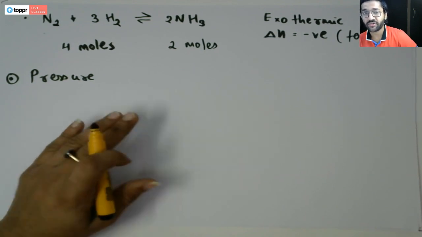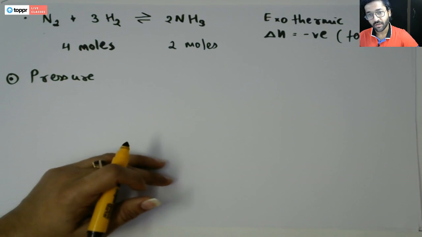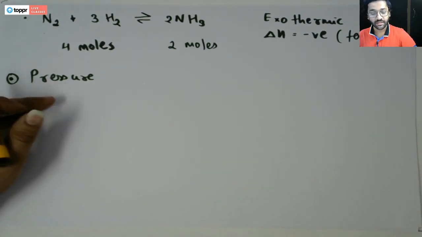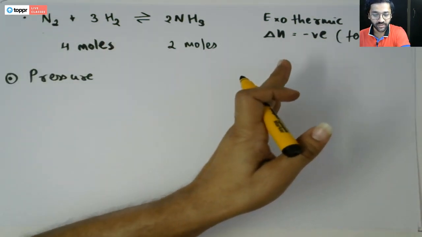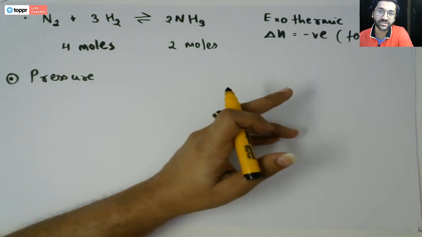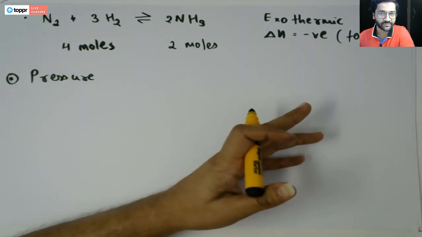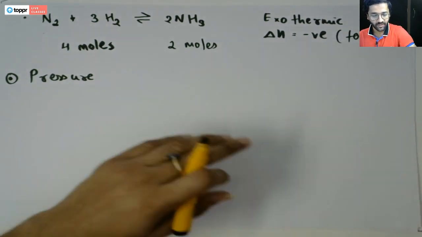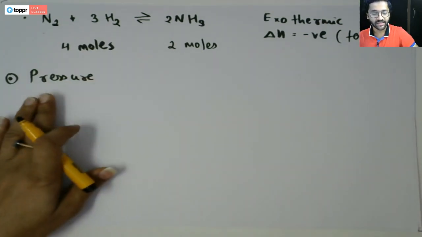It will resist the change. It will try to decrease the pressure. So to decrease the pressure, it will take the reaction towards the side where the number of moles is less. Why? Because lower moles means lower pressure. Hence the reaction will start moving in the forward direction as I increase the pressure.